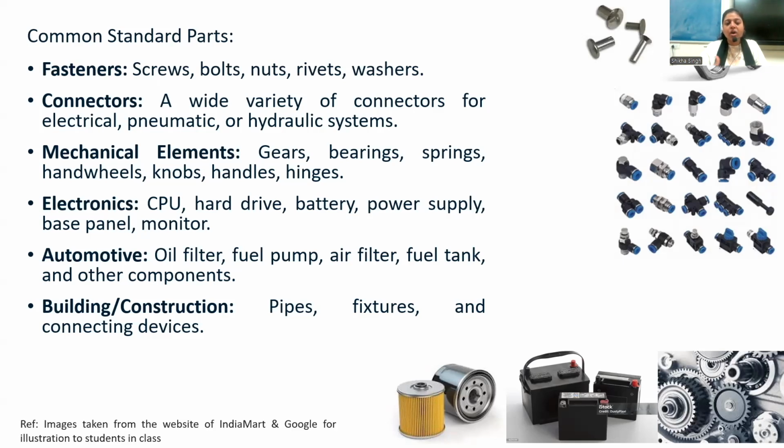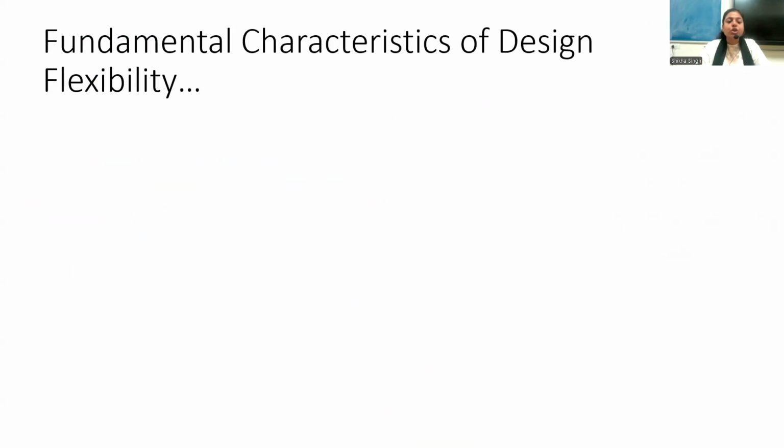So you see, these all are the images which are used to illustrate the examples, right? So if you see in all these standard parts, it is very clearly mentioned that these are the crucial components. So if I talk more about the characteristics of design flexibility, the robustness, and the future proofing, these two are the most important concepts.